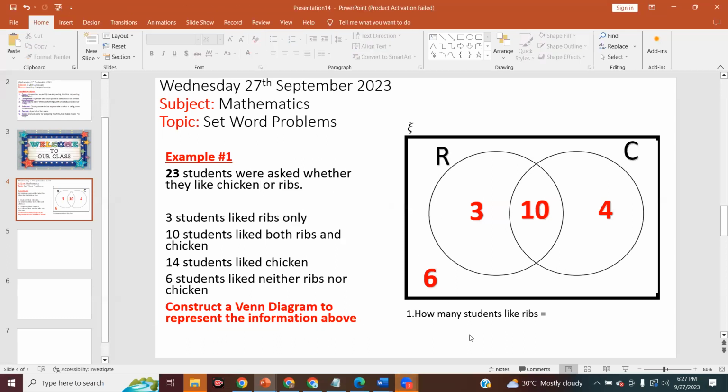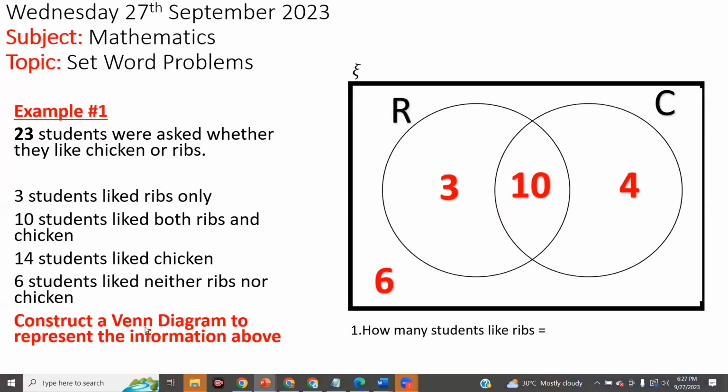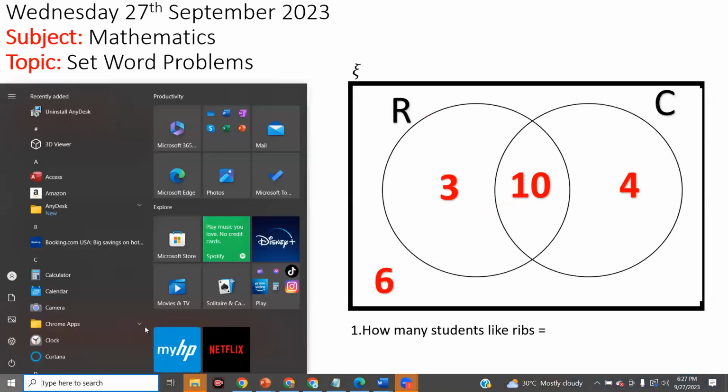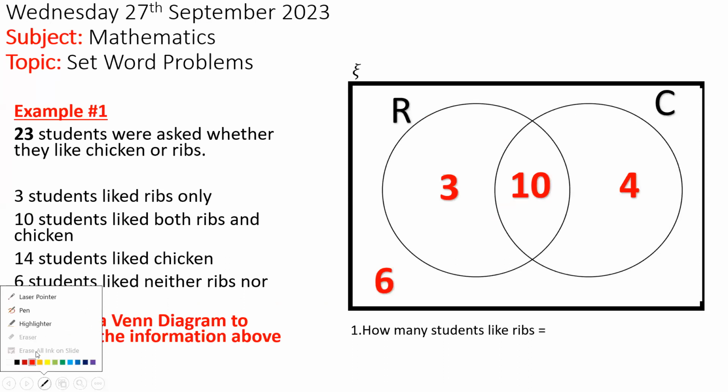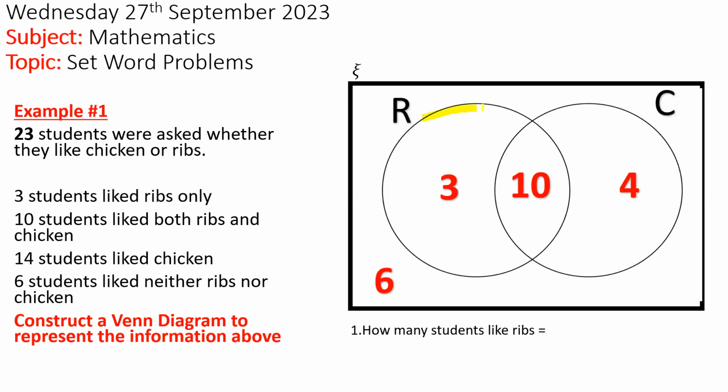But if I say how many students like ribs, and this is very important, you have to consider this whole circle. All of R. So you have to add 10 and 3. You see what I'm saying?